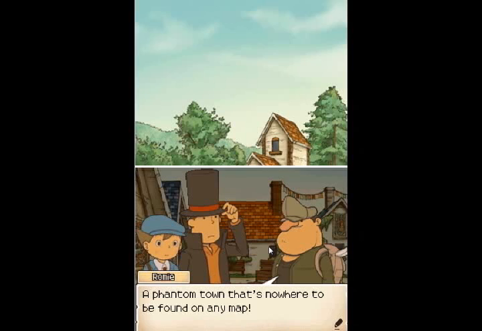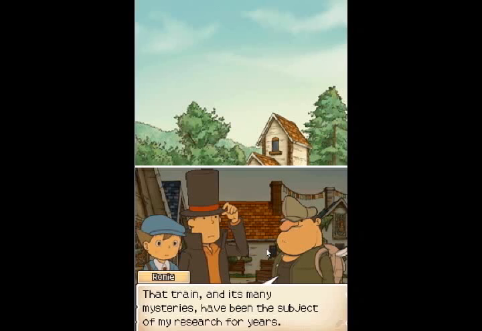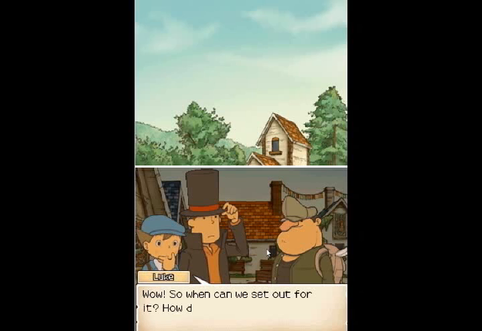A phantom town that's nowhere to be found on any map. The one you mentioned earlier. A place that only the chosen may visit. The only way in, I hear, is on the Momentary Express. That train and its many mysteries have been the subject of my research for years. From what I can tell, this artifact you're after, this Elysian box, is also tied to that town.